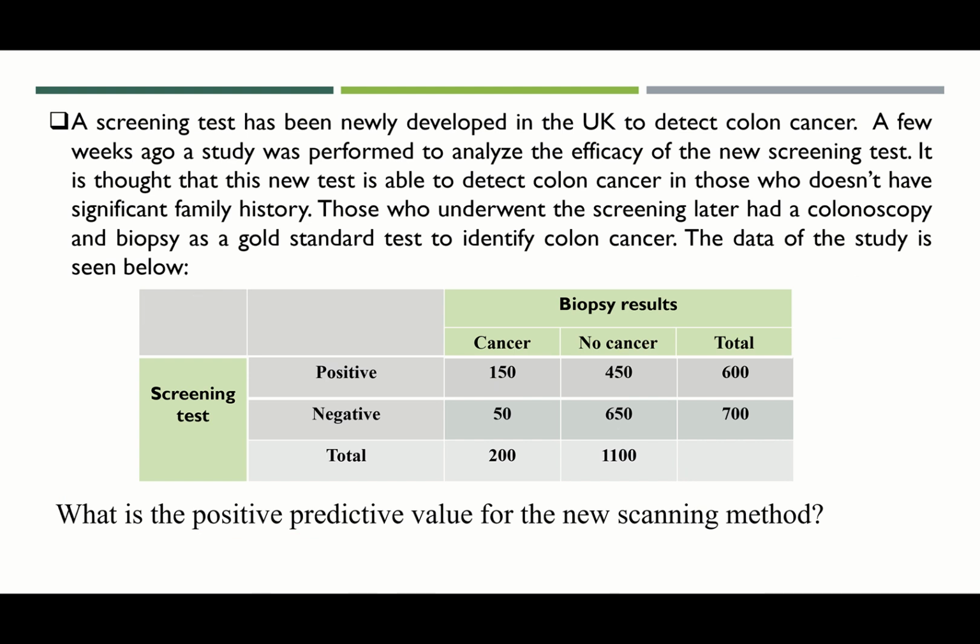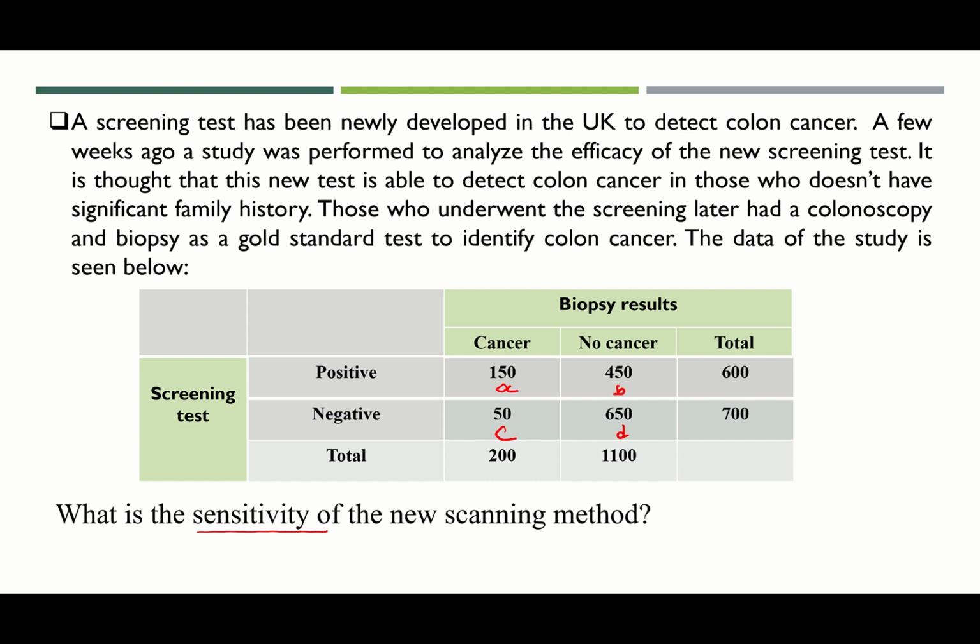So this is a very good example. You can have similar questions from the same type of scenario, like they might ask you what is the sensitivity. So in that case, we will write down first of all A, B, and C, D. You know what is sensitivity.